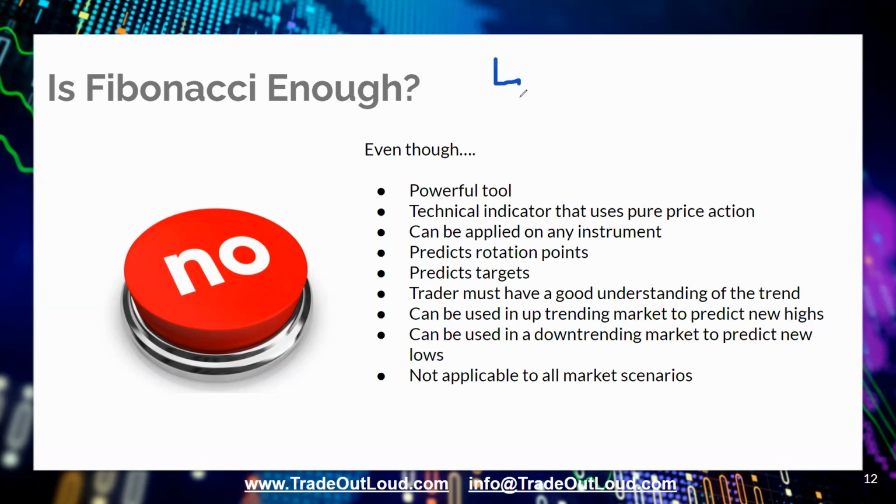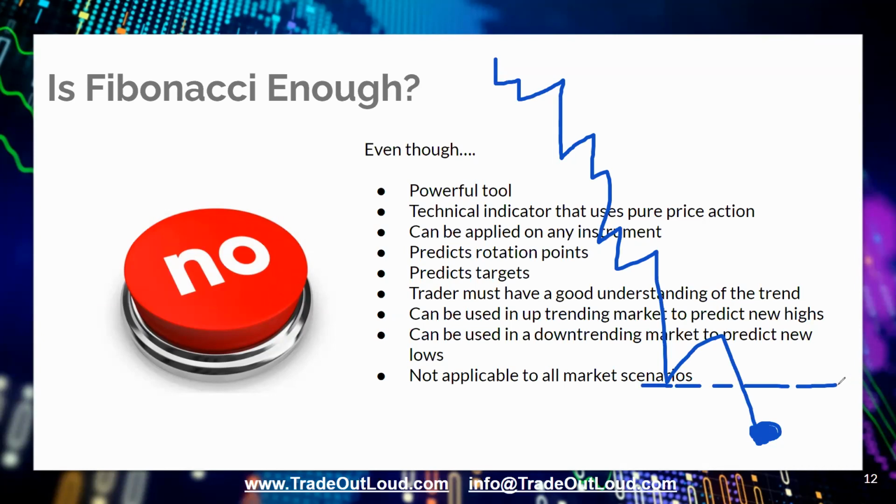Let's say we have a downtrend, sort of like this, and you're getting in on a short squeeze here. You see that we have minor resistance. This is support, which becomes minor resistance right here.